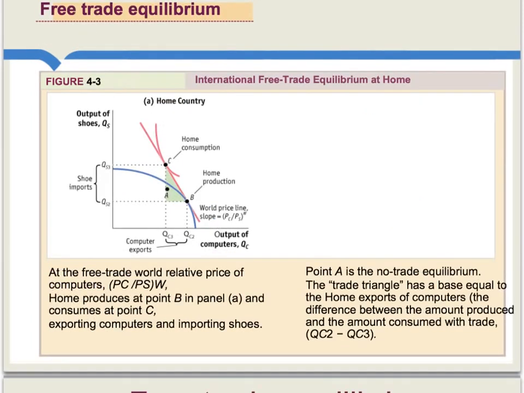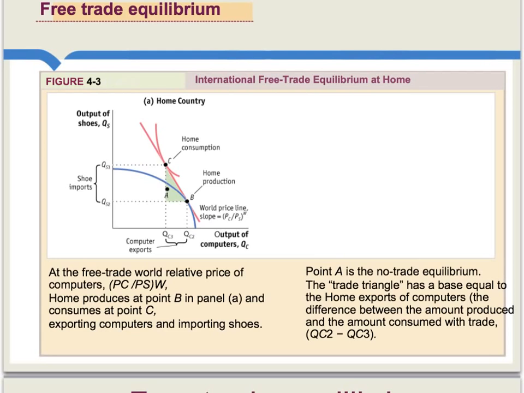Now let's consider the picture for the home country after trade is possible. The key difference here is that now we have a new price line, and this new price line is given by the ability to trade for some shoes from the labor-intensive country.